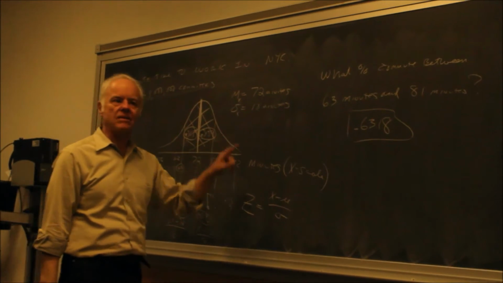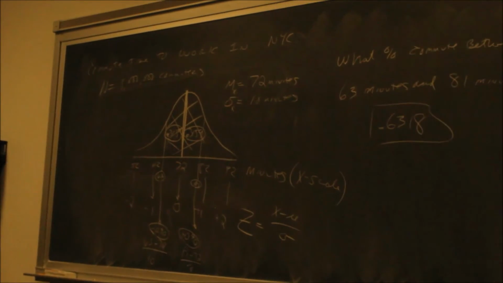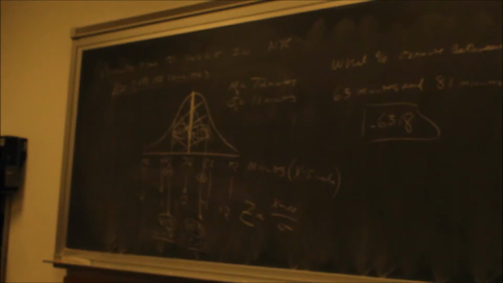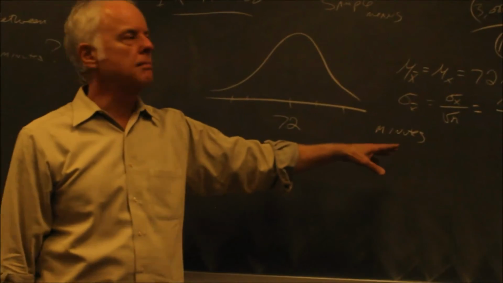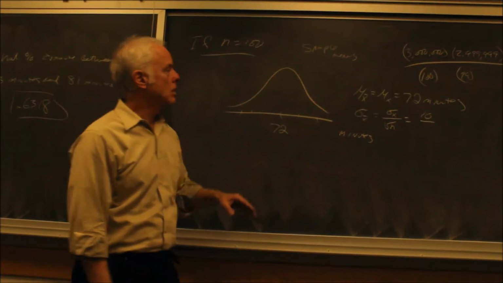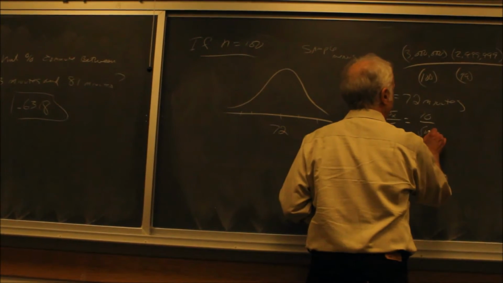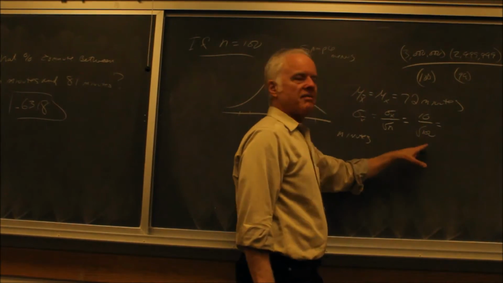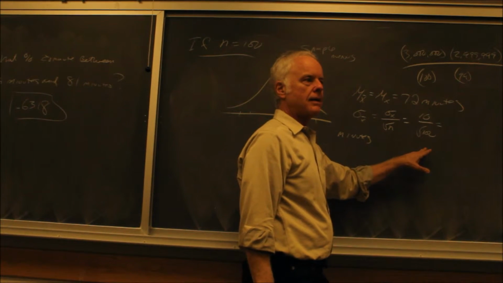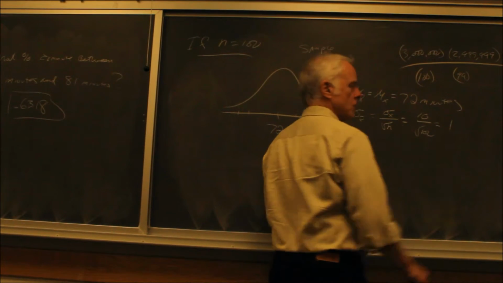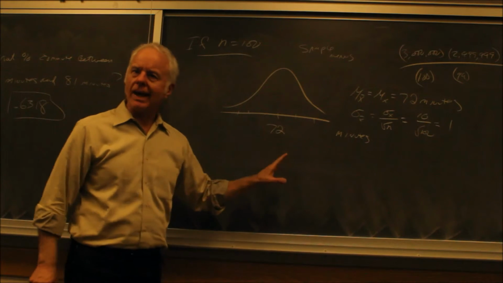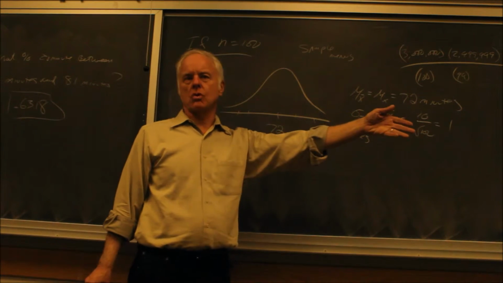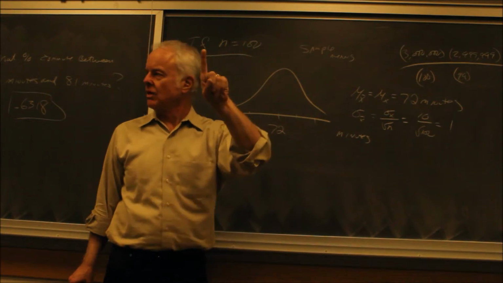It's 10 minutes, divided by the square root of little n. What's little n? 100. So this would be the square root of 100. And what's 10 divided by 10? 1. So the standard error, which is also called the standard deviation, is equal to 1 minute.